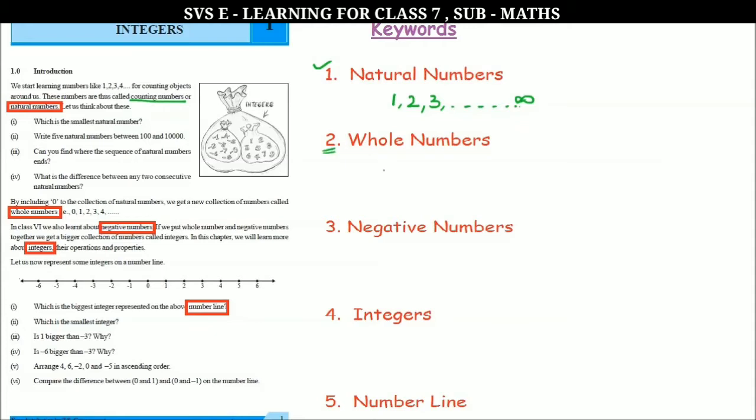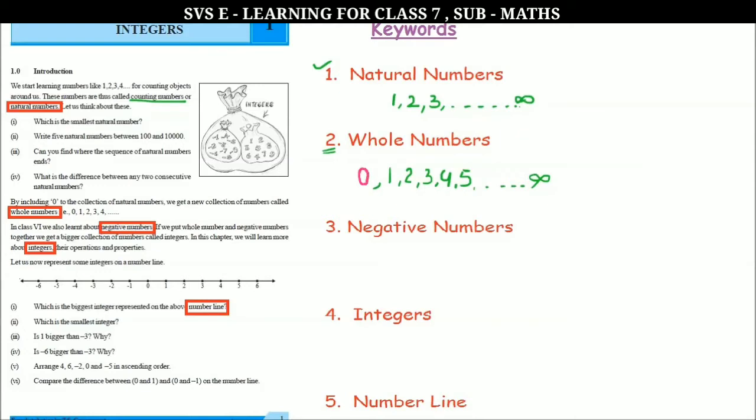Whole numbers start with 0. The set of whole numbers is 0, 1, 2, 3, 4, 5, and so on to infinity. I'm going to highlight 0 in red color.